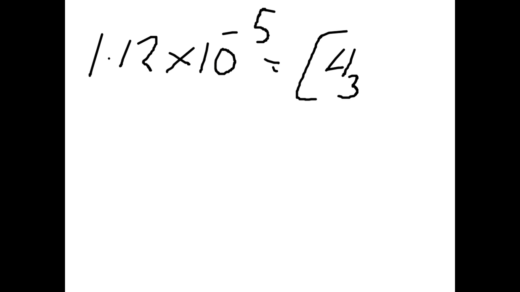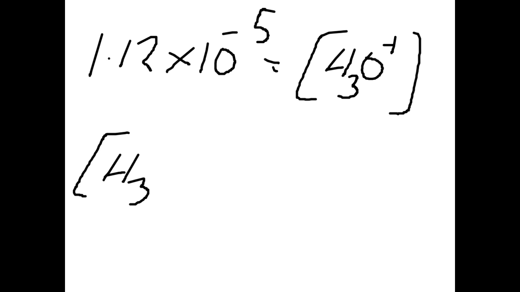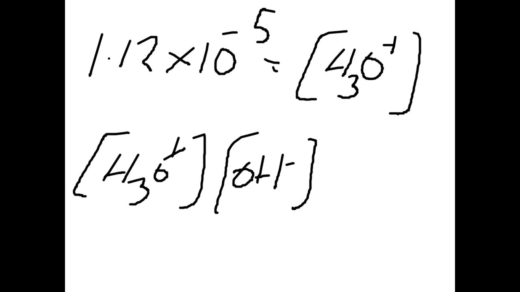1.12 times 10 to the negative 5 is what Michael got for solving that, and that is the H3O plus, correct? But I also gave you another formula. Do you remember that? The very first one for water: H3O plus times OH minus is always equal to 10 to the negative 14.